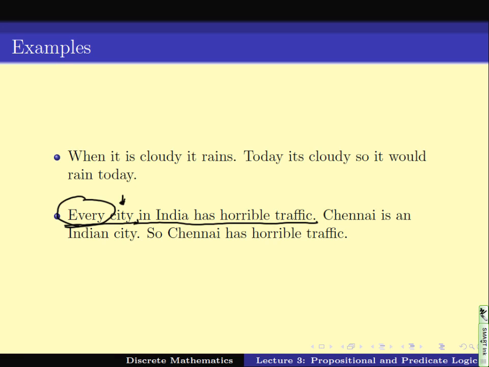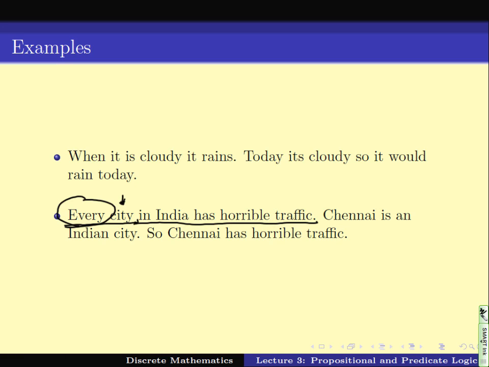So we have every city in India has horrible traffic is a statement having a variable which is quantified using the quantifier every. And we have the whole sentence as every city in India has horrible traffic and Chennai is an Indian city implies Chennai has horrible traffic.